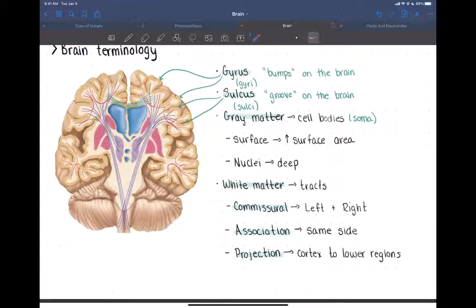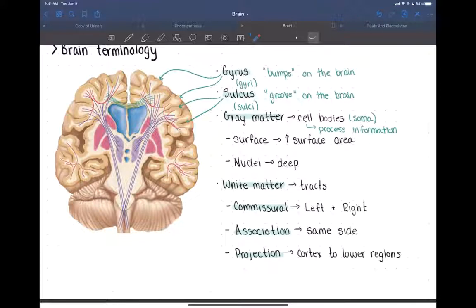Those cell bodies are important for processing information, versus the axons, which just transmit information. So we can have areas on the surface for that, on the cortex of the brain, which we're going to talk about in a little bit.